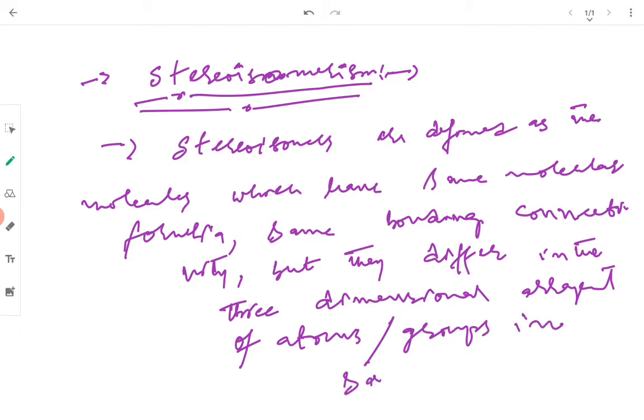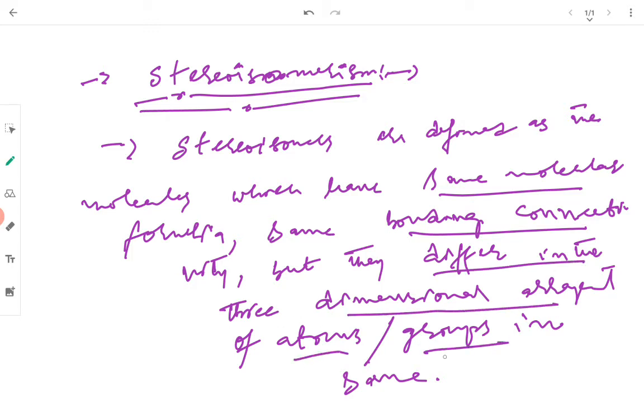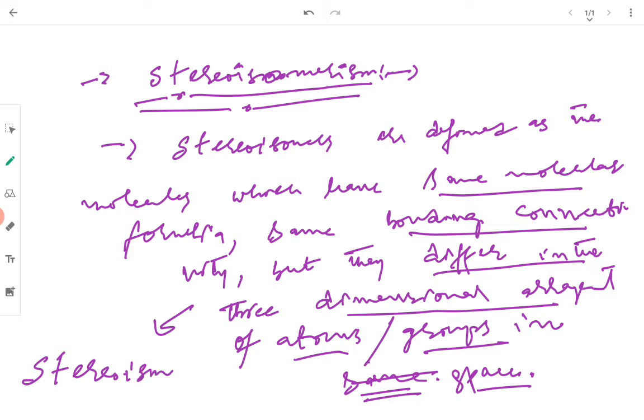So those molecules जिनकी molecular formula same है, इनकी bonding connectivity भी same है, लेकिन ये differ करते हैं आपस में. They differ in the three-dimensional arrangement of atoms or groups in space. Such molecules are known as stereoisomers, or simply stereomers.